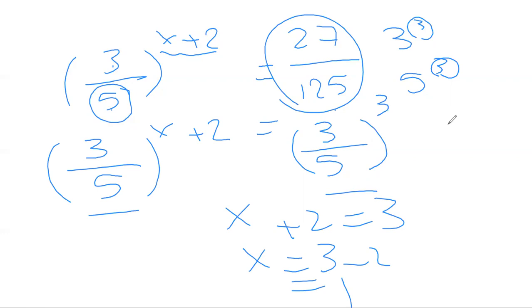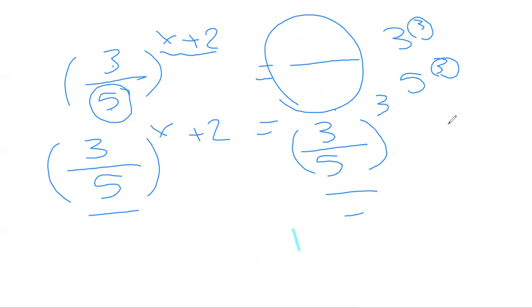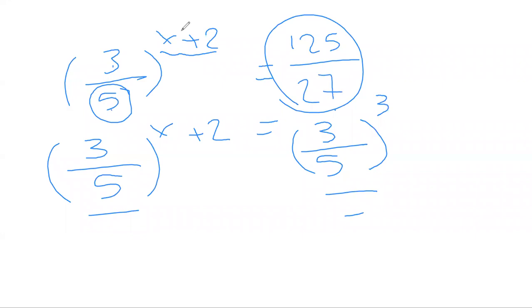What about if I have changed this? If I have changed the places of 27 and 125, yes, 27 and 125. When you are thinking, you already know that 125 is 5 power 3 and 27 is 3 power 3.